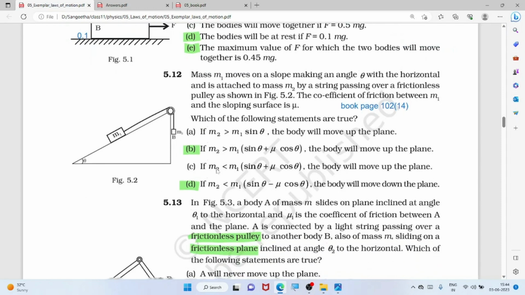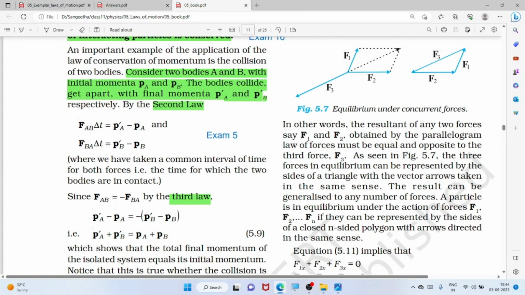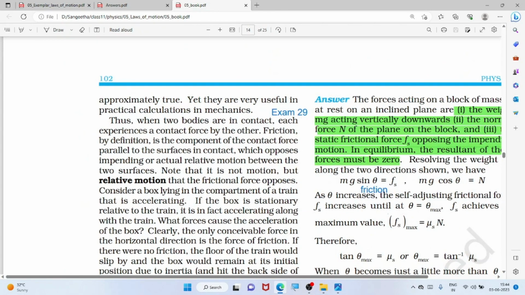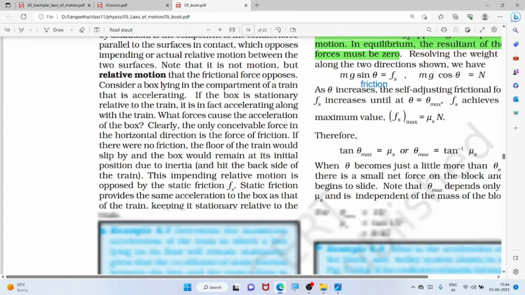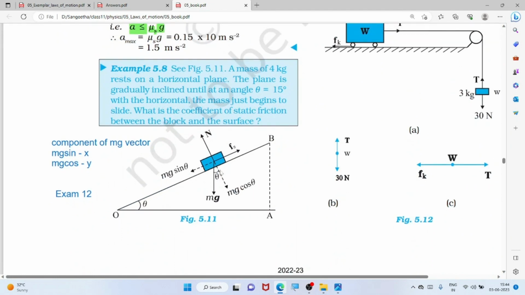14. Okay, you can go through this example.